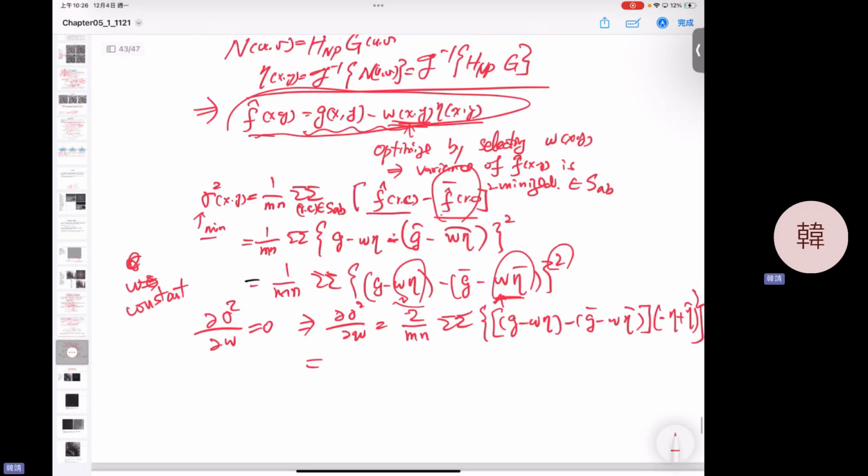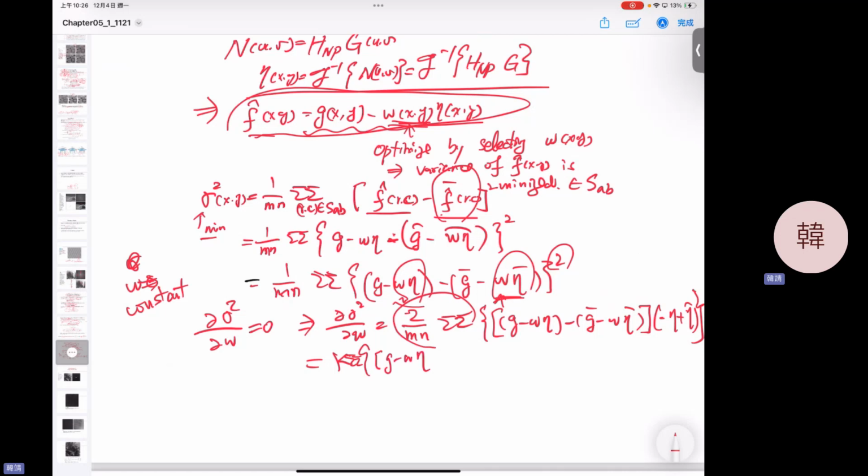So you can see, it's a constant here. Just take an average. Okay, it's a take average. So we assume this is a constant. Okay, you can simplify this one. You don't have to rewrite it again. So what's this? It's the average, right? K plus average, and this is the G minus W eta.